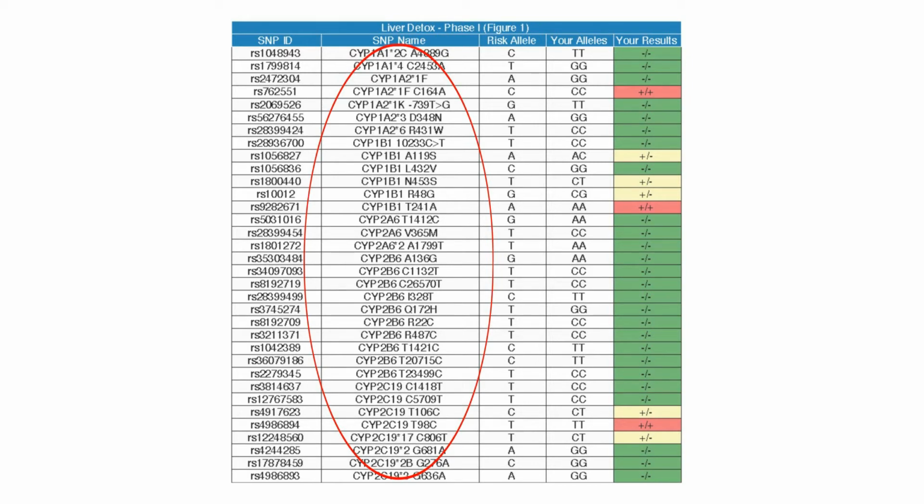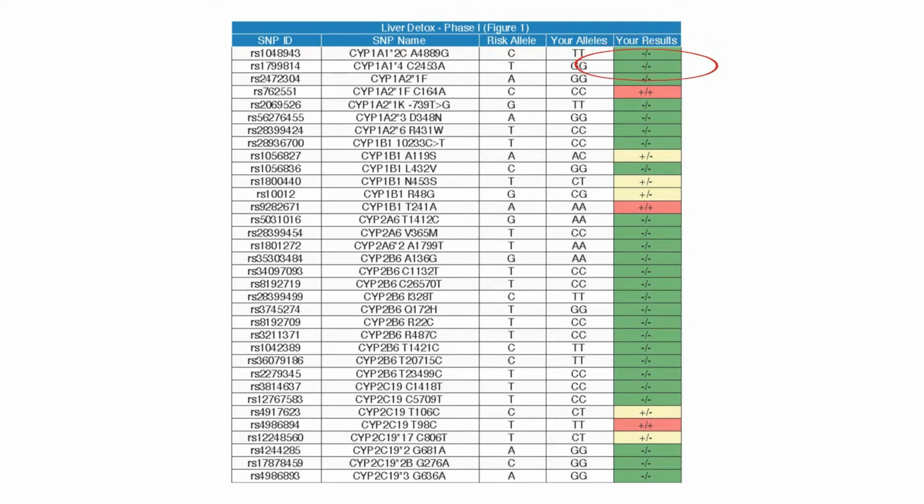And then the subtypes, you can see how line item 1 is CYP1A1 asterisk 2C, and line item 2 is CYP1A1 asterisk 4. Honestly, it's the pooled susceptibility when we're looking at something like cytochrome P450 that we're concerned about. And then the next column is the abnormal allele. The next column is your result. And the furthest column is whether you inherited that once, twice, or not at all.